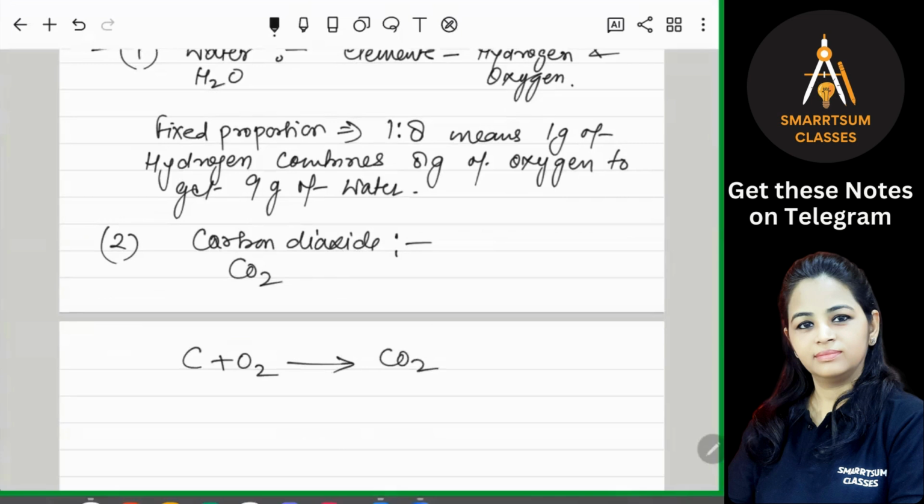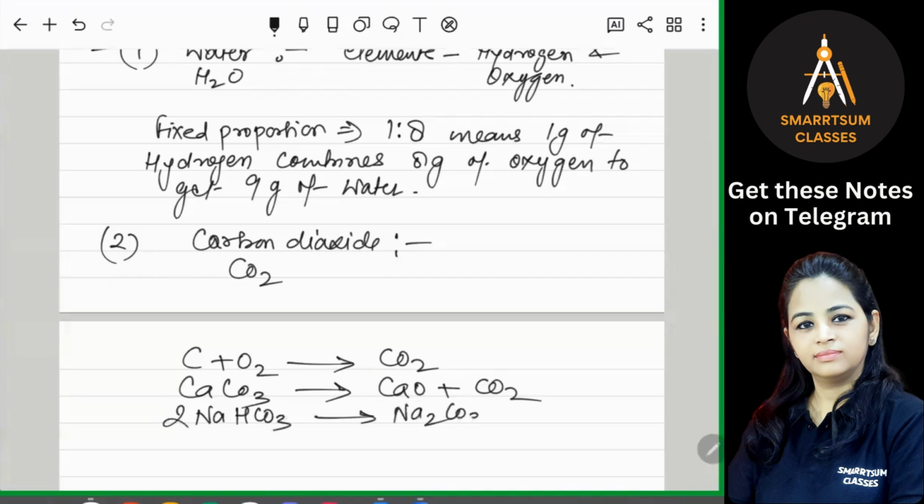By heating limestone, CaCO3 gives CaO and CO2, that is, calcium oxide and carbon dioxide. By heating sodium bicarbonate, NaHCO3 gives Na2CO3 plus H2O plus CO2. So in all these cases, you can see that carbon dioxide is formed, right?